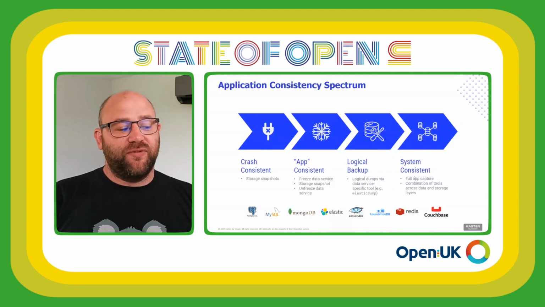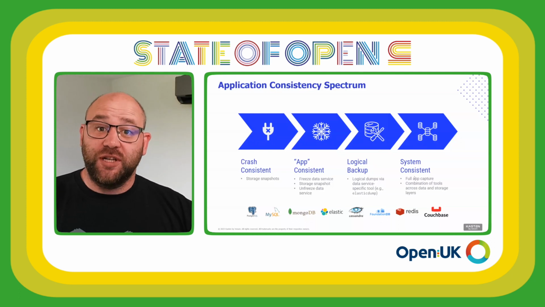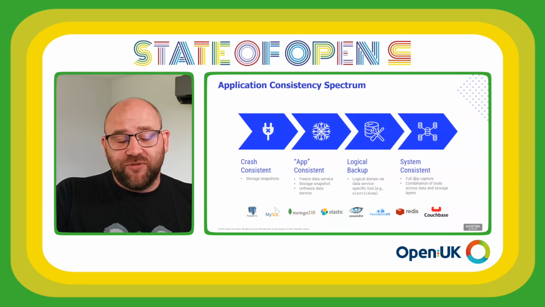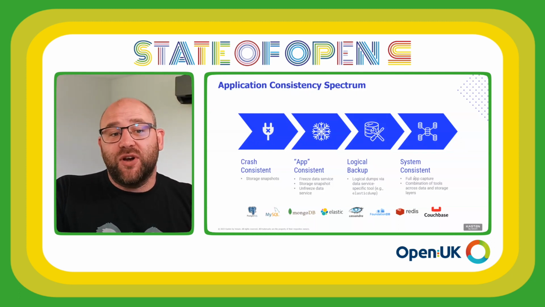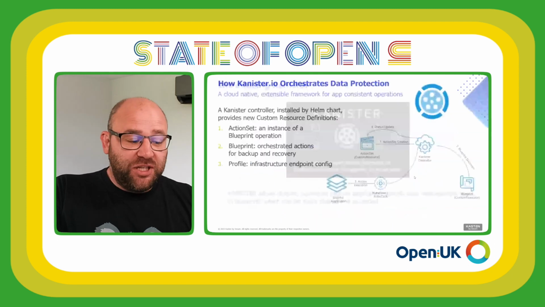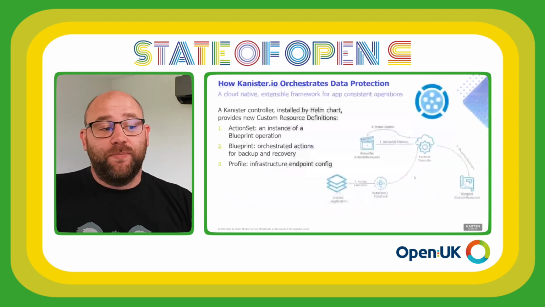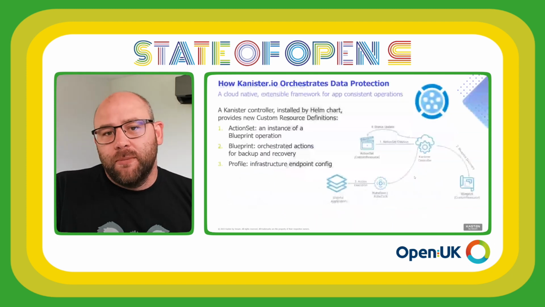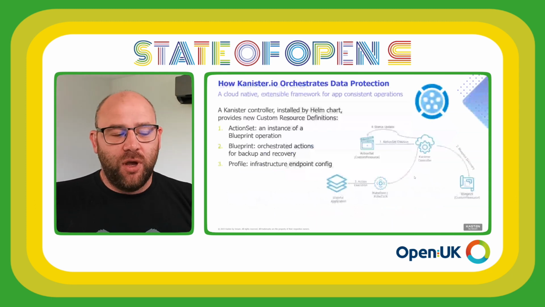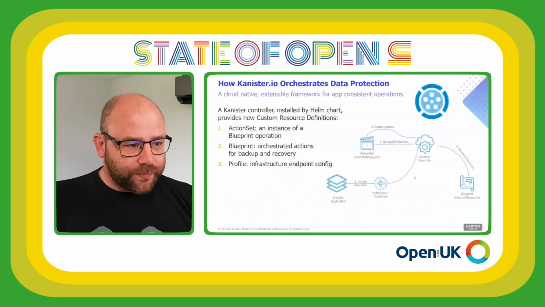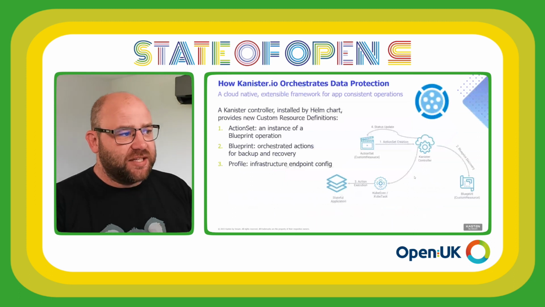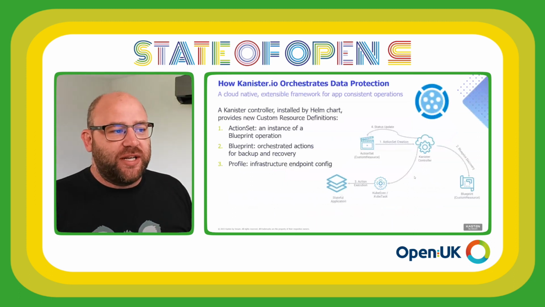It allows us to freeze, take the storage snapshot in some instances, and then be able to unfreeze. But equally, it allows us to integrate into Elastic Dump or PG Dump and put that copy of the data out into maybe an S3 bucket or some sort of external location. So how does Canister orchestrate data protection?